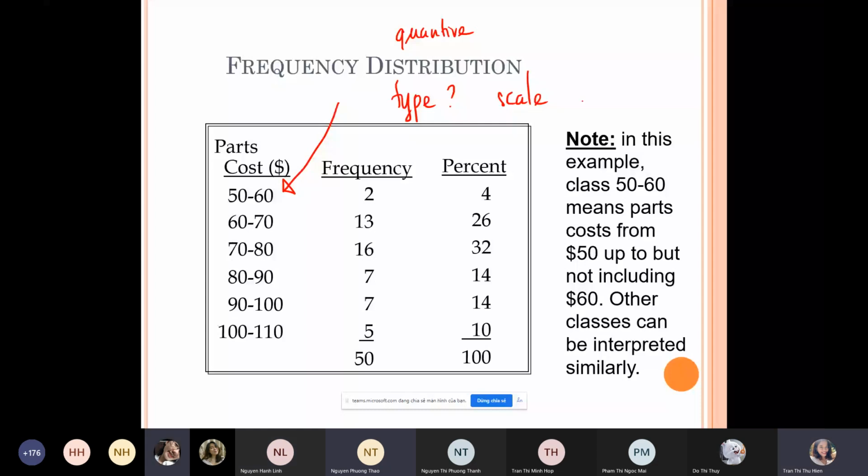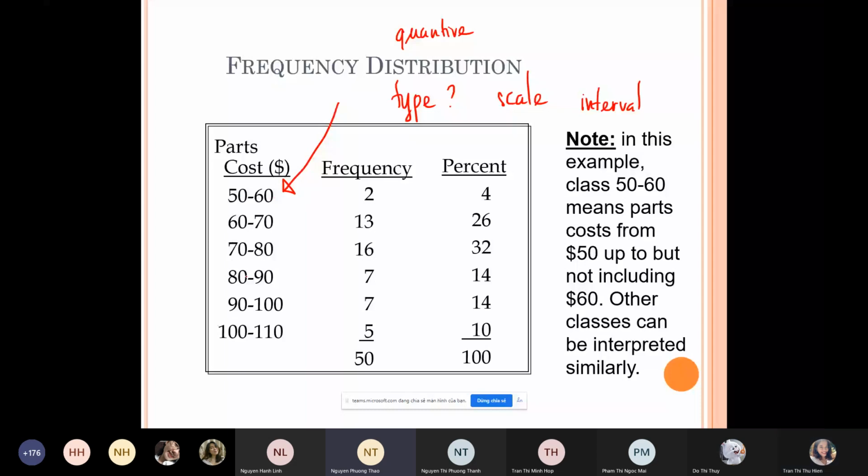Interval. And in the first column here, each interval is consecutive, and the length of each interval is the same: 50 to 60, 60 to 70, 70 to 80.